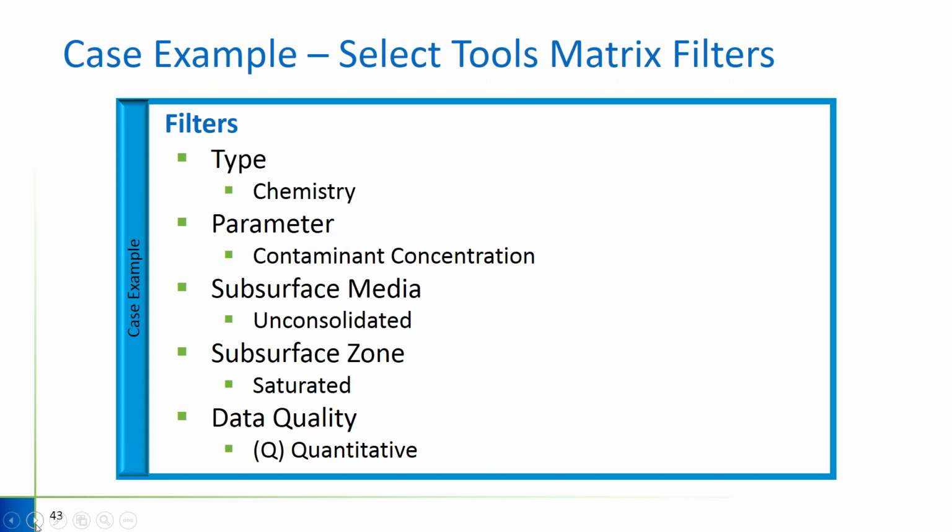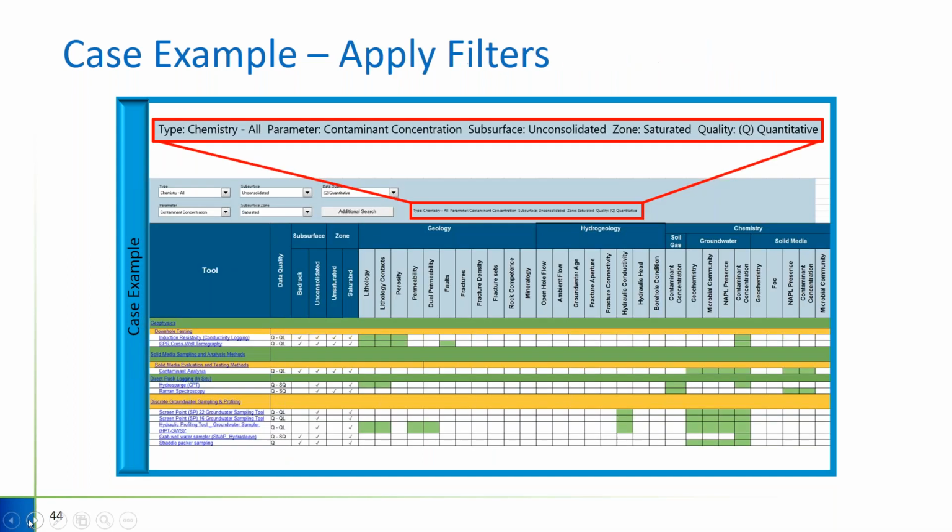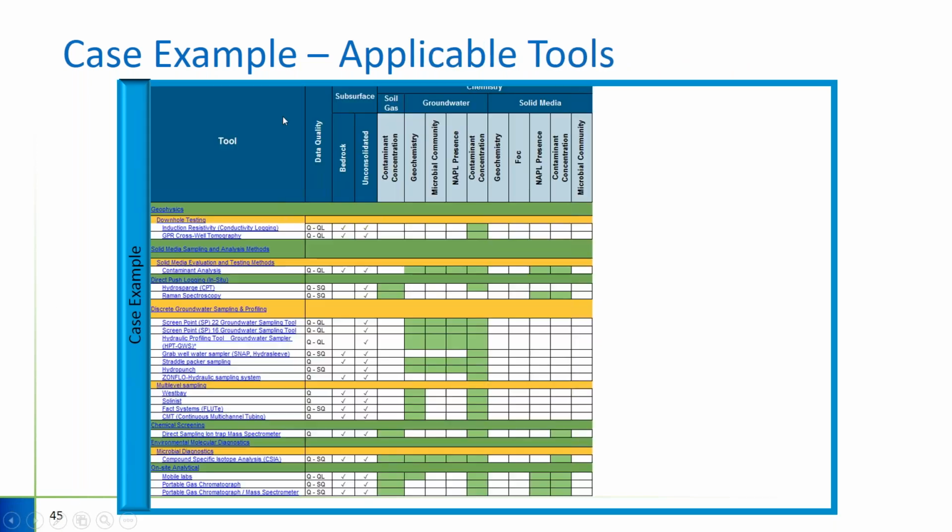So you would go into the tools matrix with this kind of a setup. So chemistry, contaminant concentration, unconsolidated, saturated, and quantitative. And then that would yield this set of results, which has a lot of things in it that are based on sample collection, which of course you would expect.